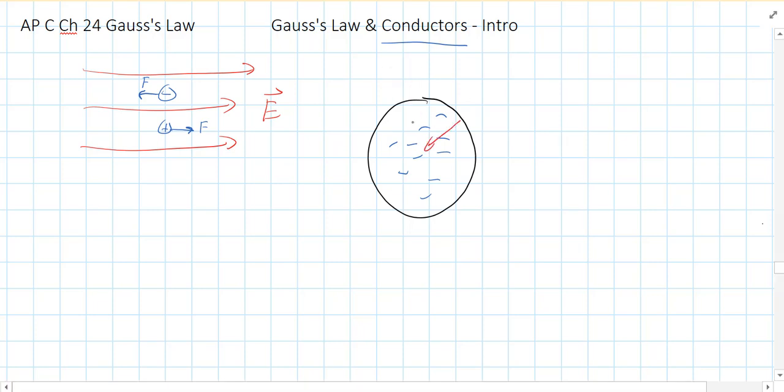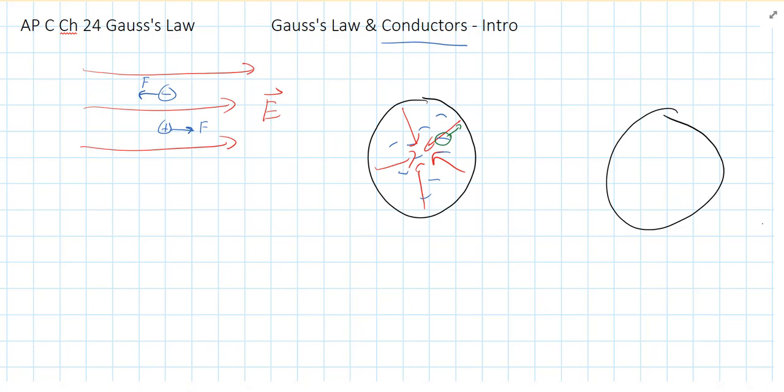It wouldn't quite look like this, but it would be in that direction. Well, if I'm one of those electrons and I'm free to move, I'm going to move against the electric field. So all those extra negative charges are going to move outward until they're all at the very, very outer edge of the conductor.